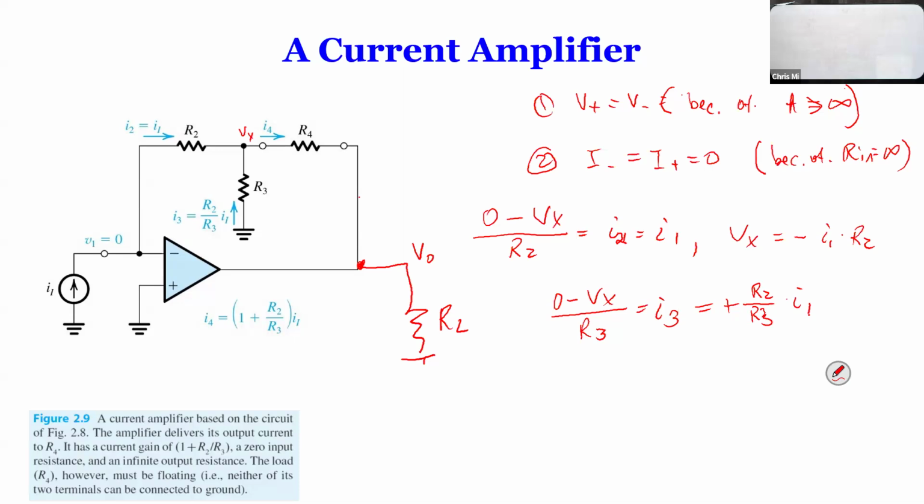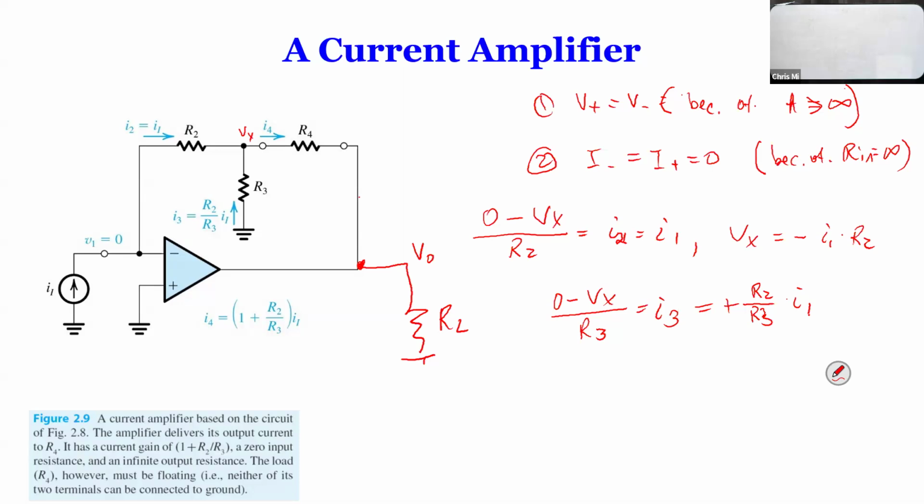Because 0 to Vx is negative, I3 is actually positive. I3 is from ground, which is below R3, that's 0, to Vx. So we find I3 is R2 over R3 times I1.